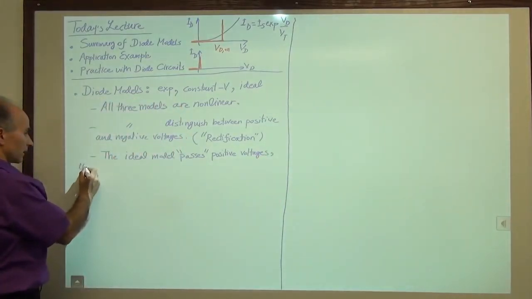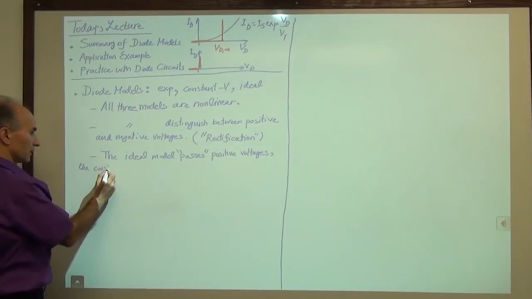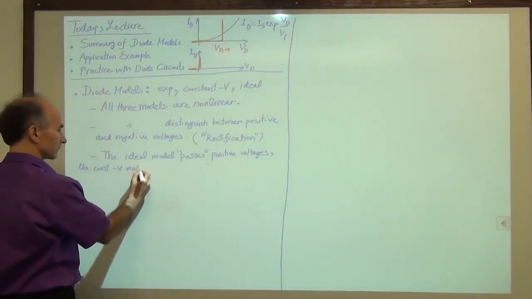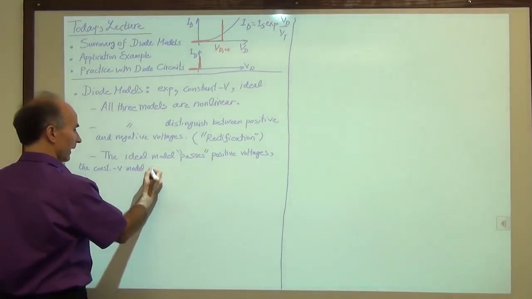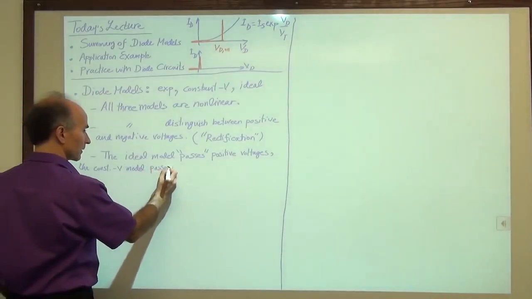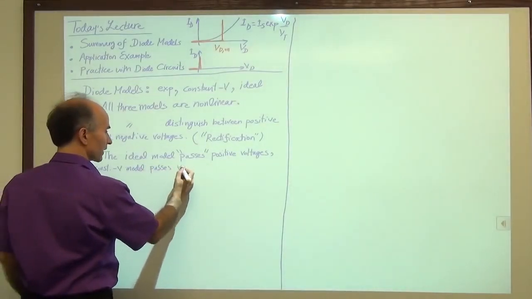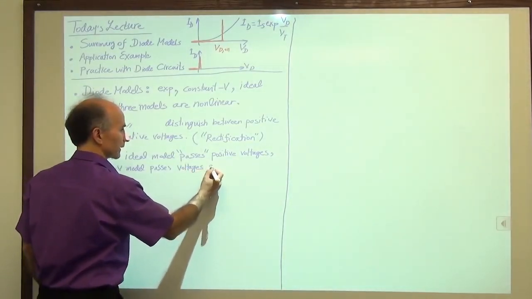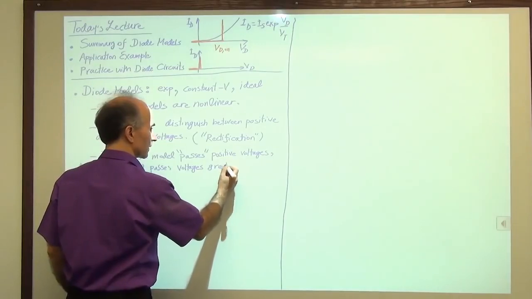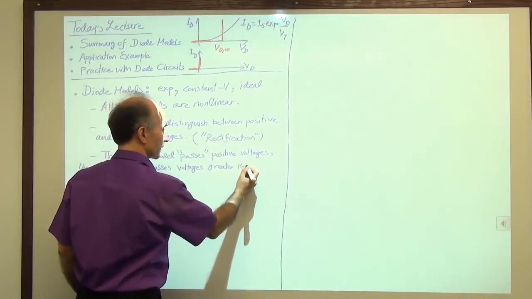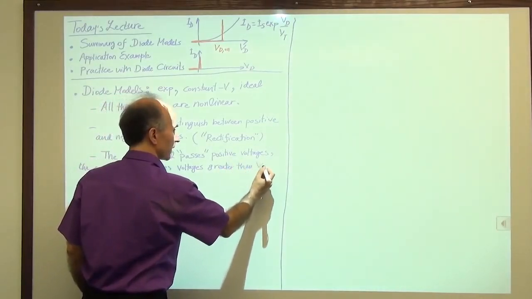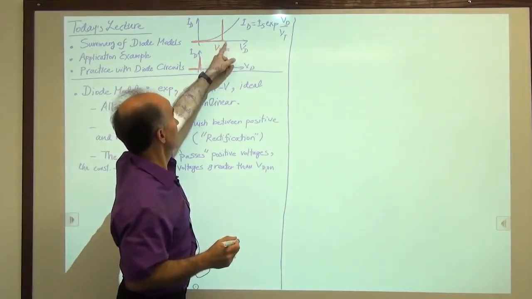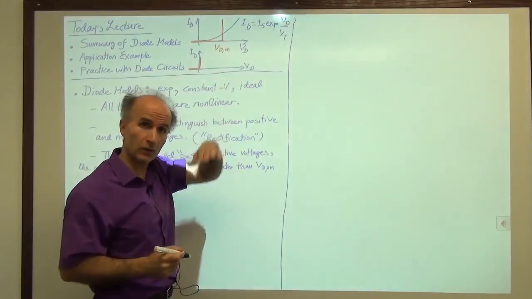The constant voltage model passes voltages greater than VD on. As you can see here, once the voltage wants to exceed this, we let it go through the switch, go through the circuit.